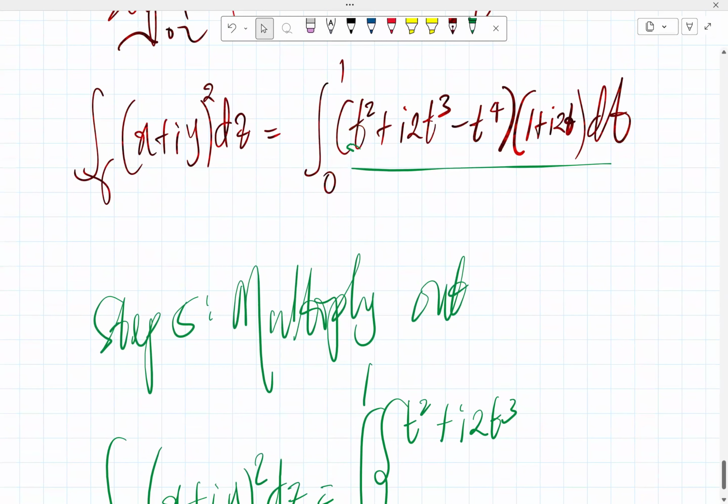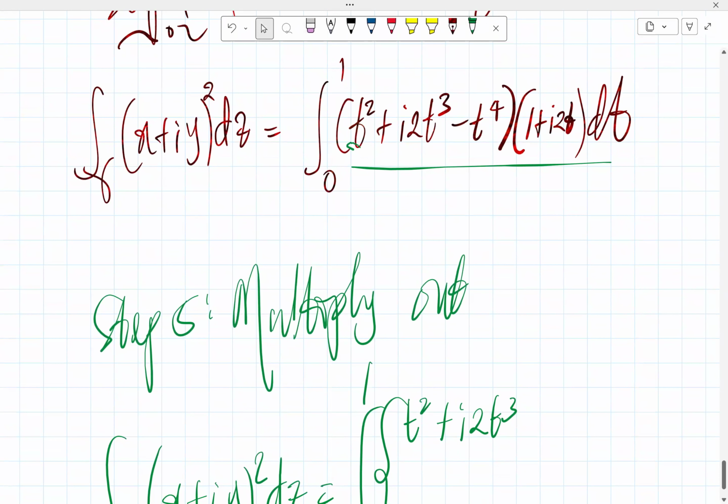Then next, i2t³ times 1, that's i2t³. So I'm collecting like terms.